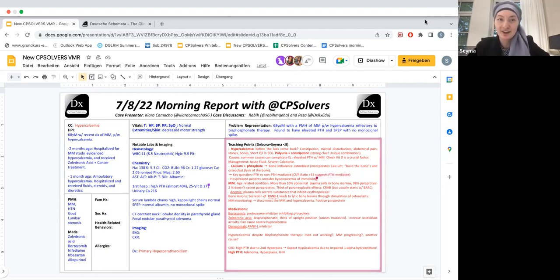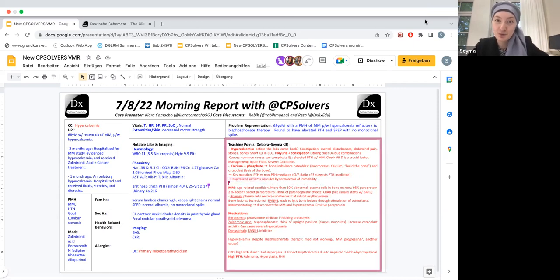The clasts steal calcium from the bone, leading to high calcium, and the blasts build the bone. When we talk about hypercalcemia, is it PTH mediated or not? If it's PTH mediated, we learned that the chloride-phosphate ratio, if it's above 33, makes us think of a PTH mediated process.